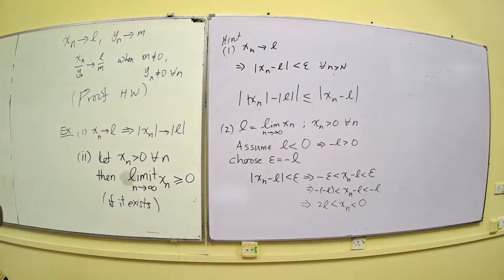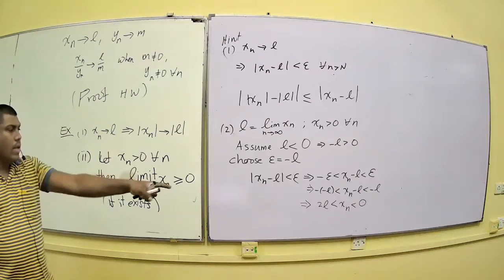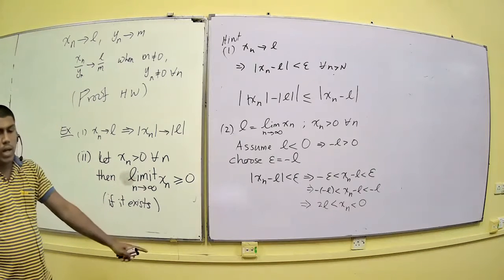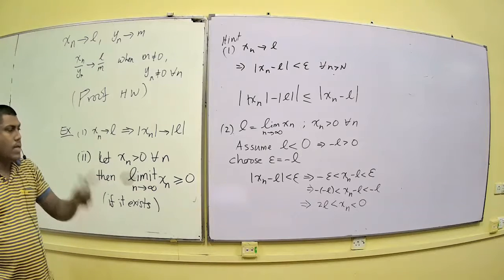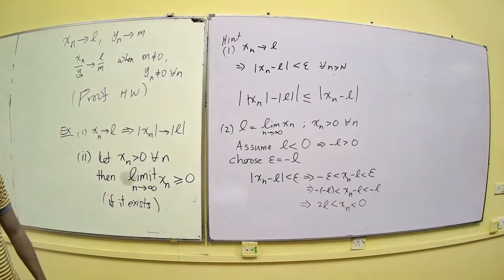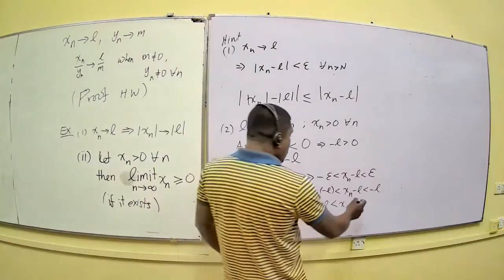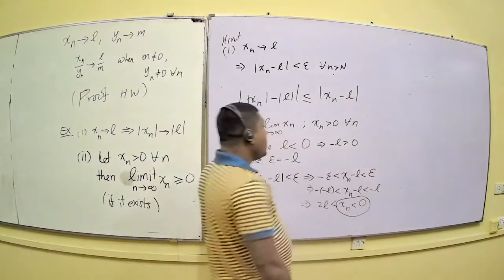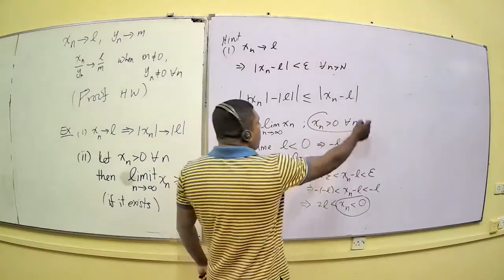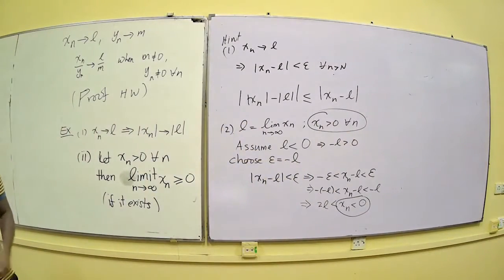If you add L on both sides, here you have already minus L plus L, so you get 2L less than xn minus L plus L, so xn, and on the other side you have minus L plus L, so 0. So what we have is xn less than 0, but what was given is xn bigger than 0.